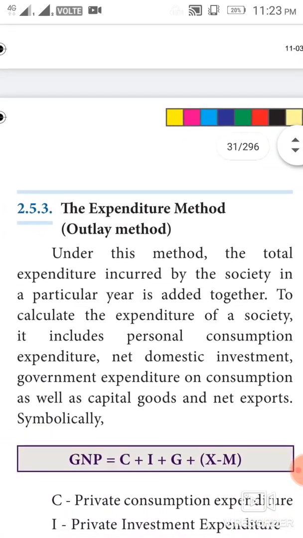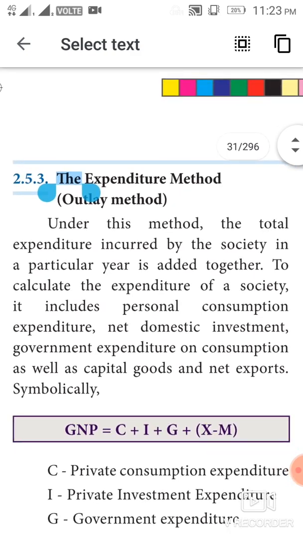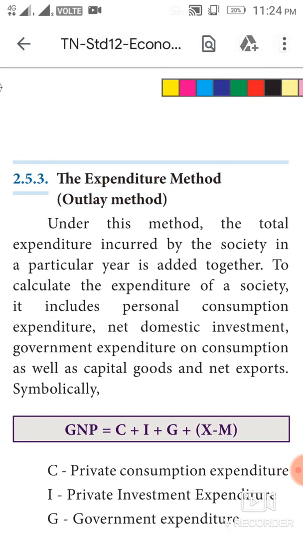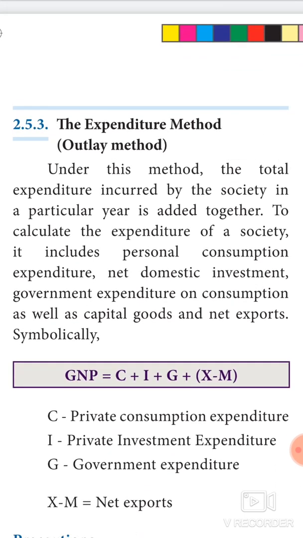Next, move on to the third method, the expenditure method or outlay method. This will be a 1 mark question: what is another name of the expenditure method? Under this method, the total expenditure incurred by the society in a particular year is added together to calculate the expenditure of a society.